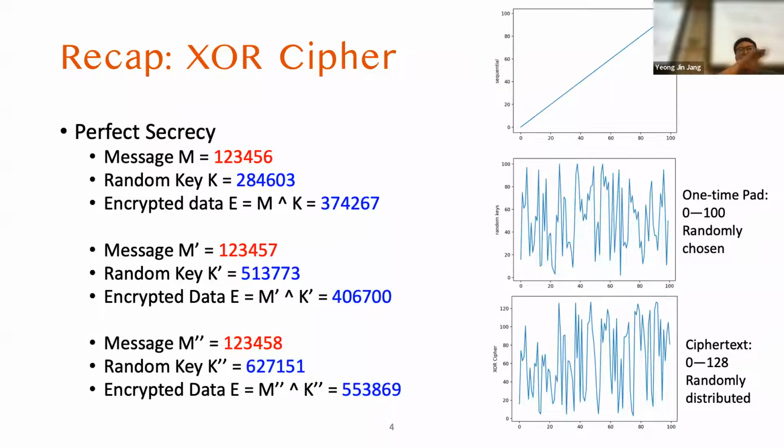So we need very uniform randomness, and if we draw a random number from there and use that as a key, then we can apply XOR to get the ciphertext. On the right side, I drew a few figures to demonstrate how the distribution looks.